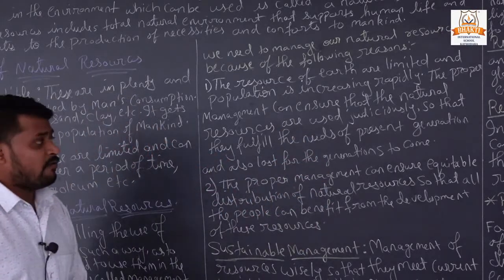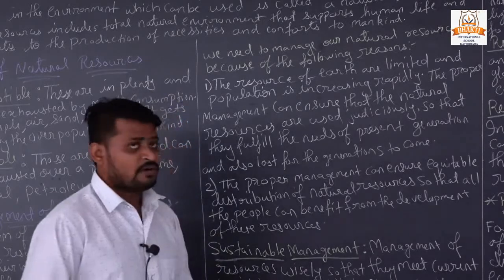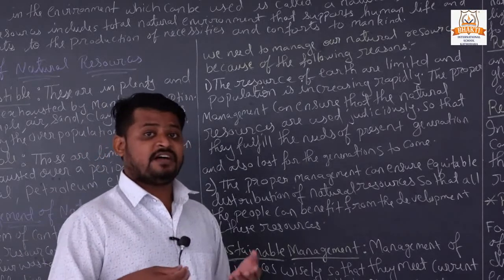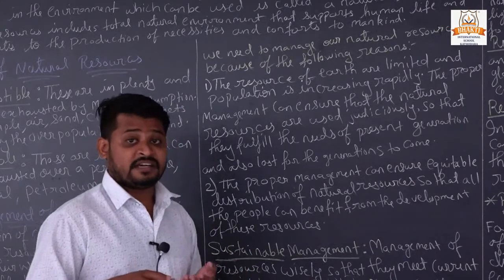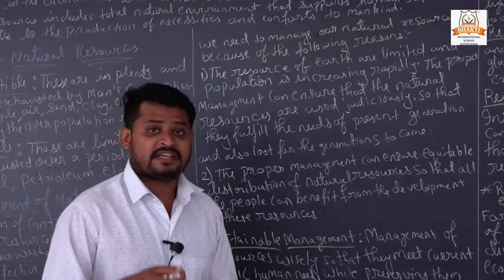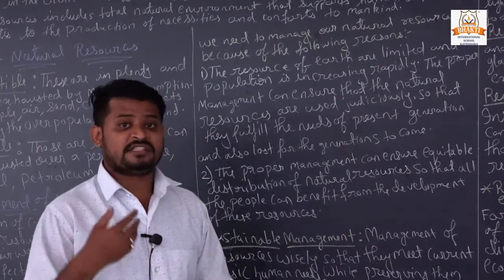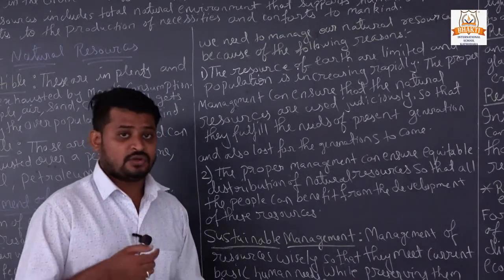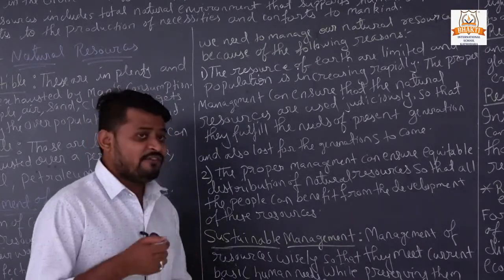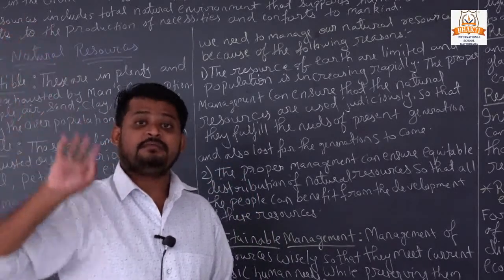It means that on our earth the natural resources are limited and the human population is increasing rapidly. So if we manage the resources properly and use them wisely and judiciously, they will fulfill the needs of the present time and of the future also.